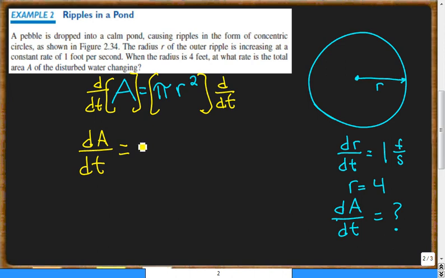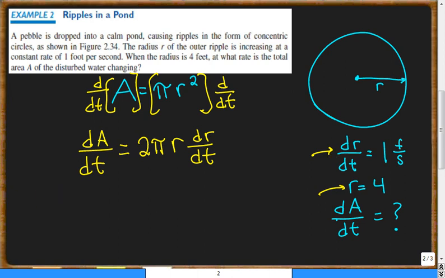So when we take the derivative of this other side, we're going to get 2 times pi times r to the first, because we take 1 away, times dr dt. So now we need to take the information that we need and plug it in. Well, we've got that the radius is 4, and we've got that dr dt is 1. So we go ahead and plug it in.